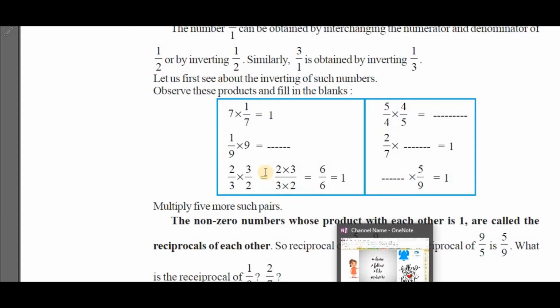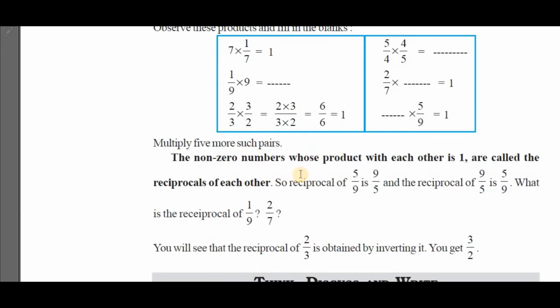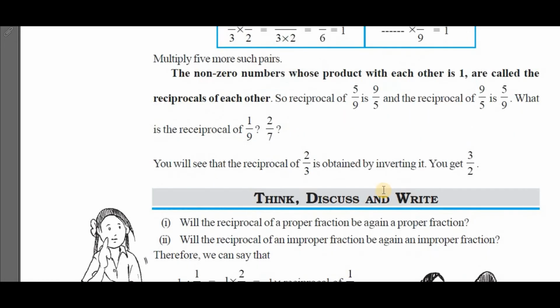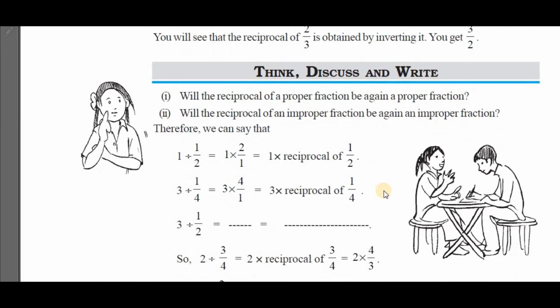What is the main thing we have to remember here: non-zero numbers whose product with each other is 1 are called the reciprocals of each other. That is, 5 by 9 into 9 by 5 gives us 1. Will the reciprocal of a proper fraction again be a proper fraction? No. The reciprocal of a proper fraction will be changed into an improper fraction. In the same way, an improper fraction after reciprocal will be converted into a proper fraction, because reciprocal means we are interchanging the numerator and denominator.